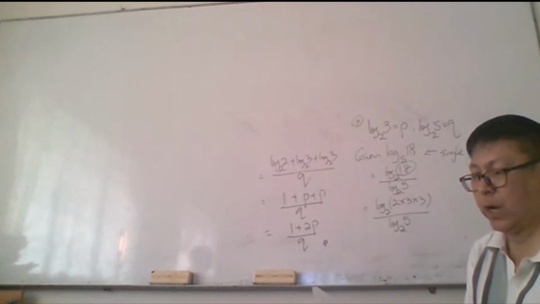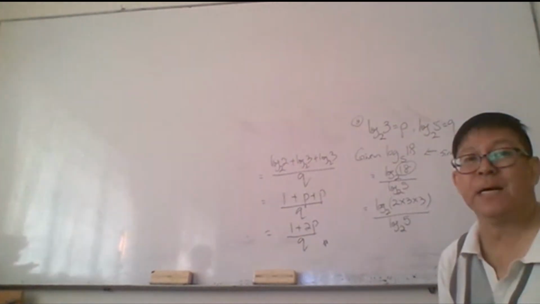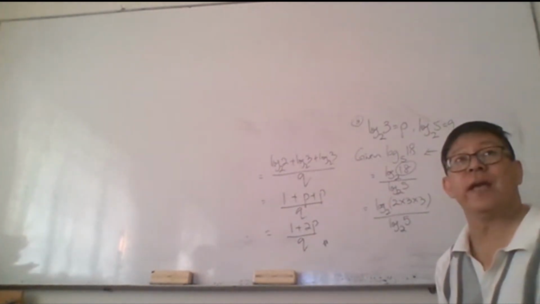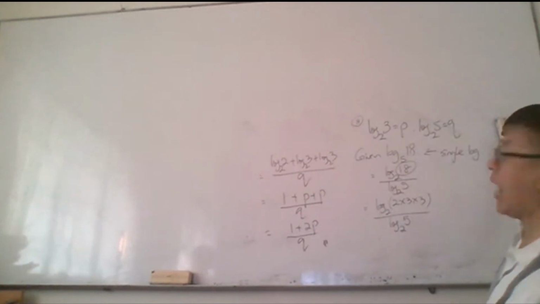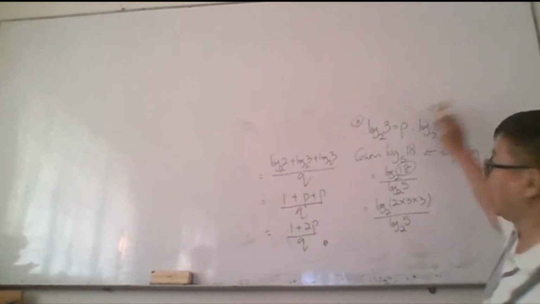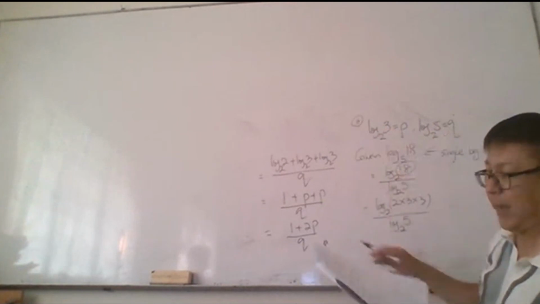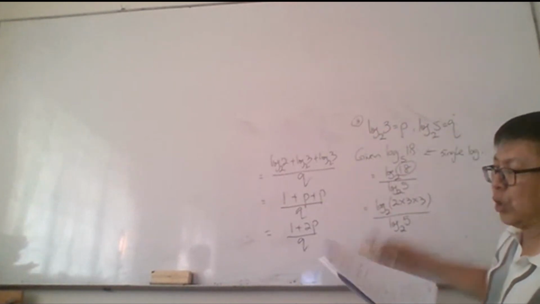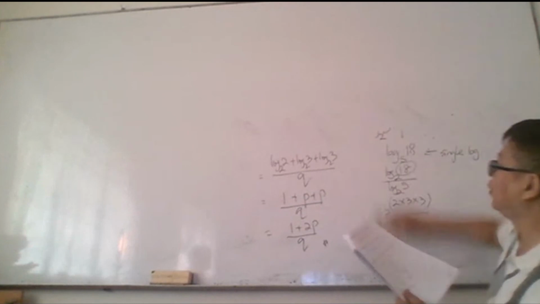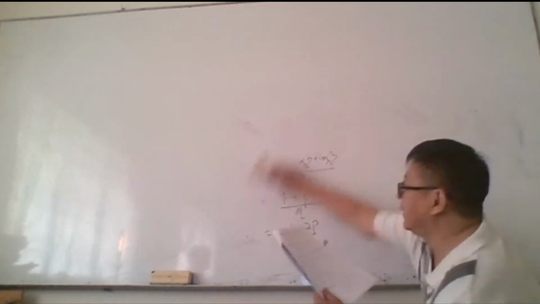Okay, now I will show you question number 9. This is a very interesting question. I will wrap the board, because your solution for example 8 is already there. Now I want you to copy the solution for number 9 and number 10.